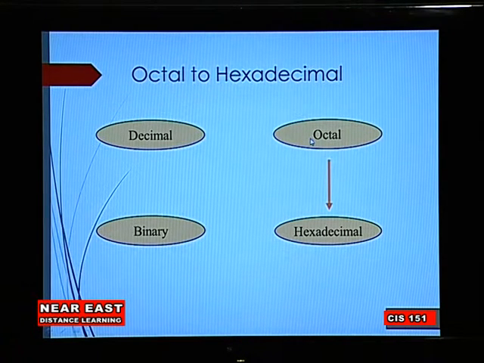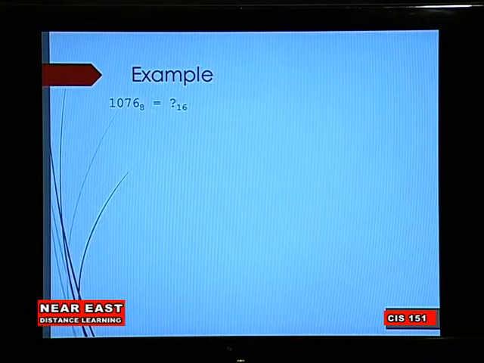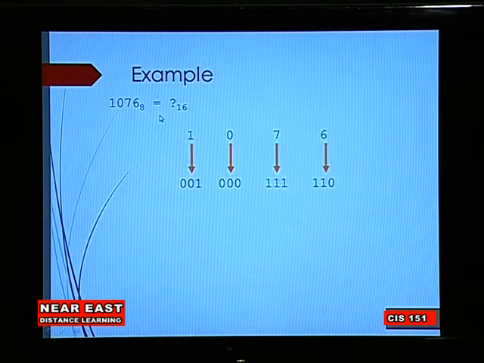Now we're going to convert octal to hexadecimal. The technique is to use binary as an intermediary. So base 8 to base 16. We're going to convert 1076 in base 8 to base 16, as we see here.